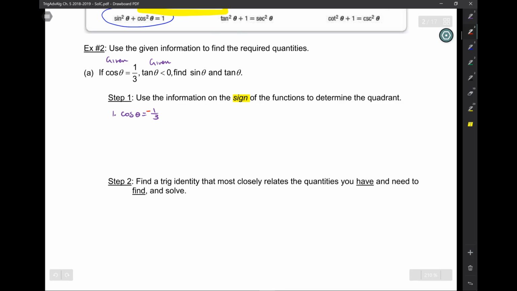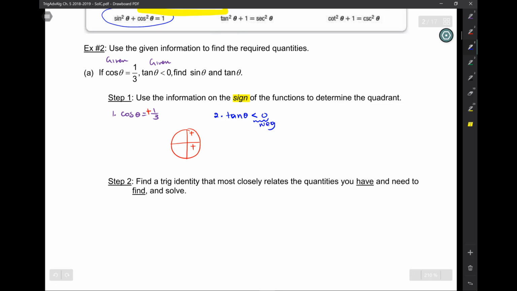In which two quadrants is cosine allowed to be positive? First and fourth. Another piece of information is tangent of theta is less than 0, which means negative.